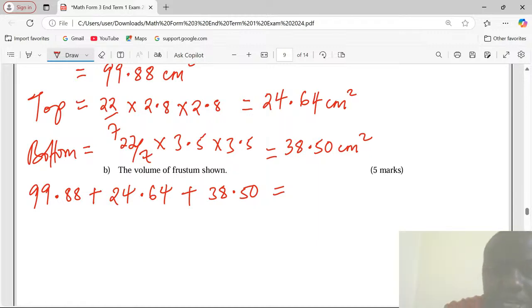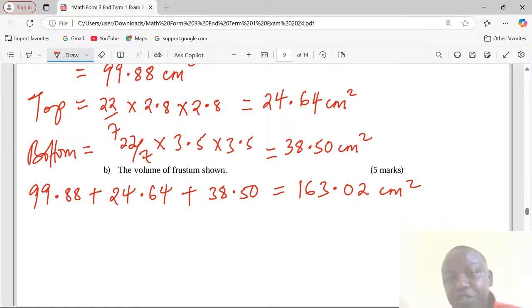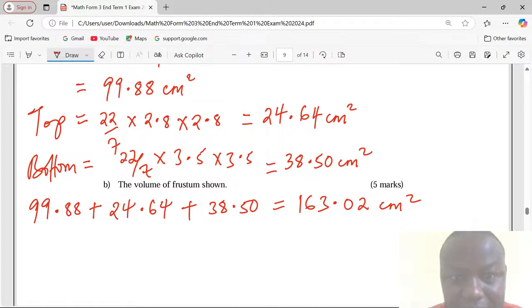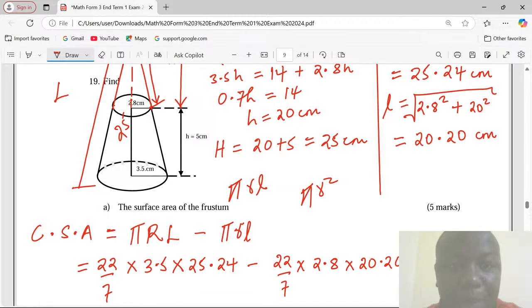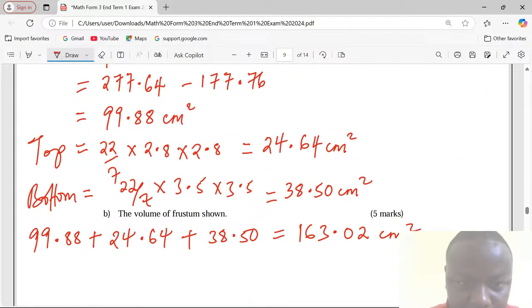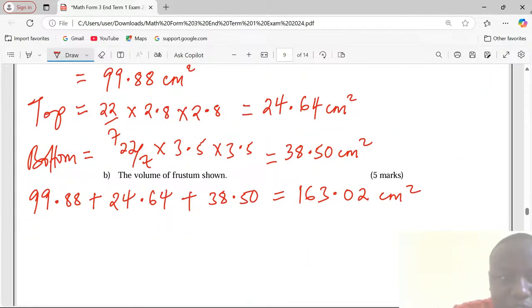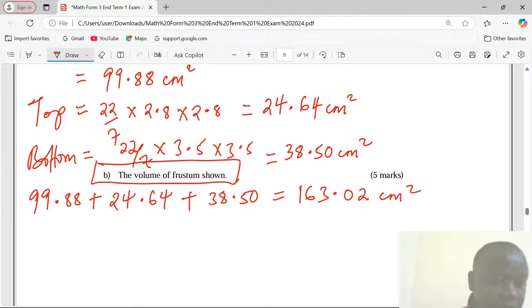So I'm getting 163.02 square centimeters. So that is the total surface area of the frustum shown up there. Let's also remember that there is a part B whereby we are told to find the volume of the frustum.